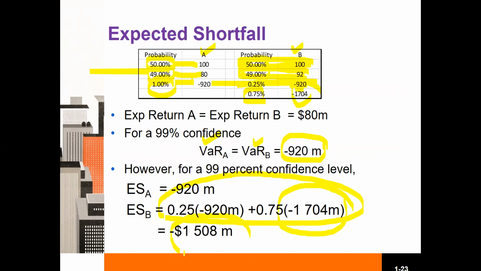So expected shortfall for security B is 1,508. You can see that it's much higher compared to the 1% VAR. So that's the advantage of expected shortfall: while VAR reflects one particular point, the possible loss in the 1% worst case, expected shortfall tells us the average of the losses in the tail.